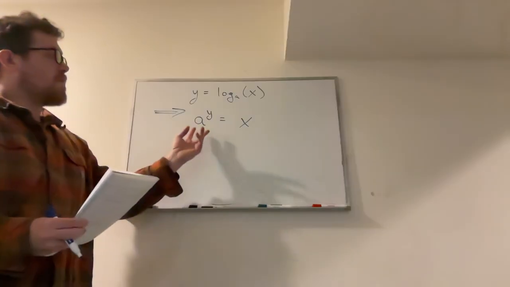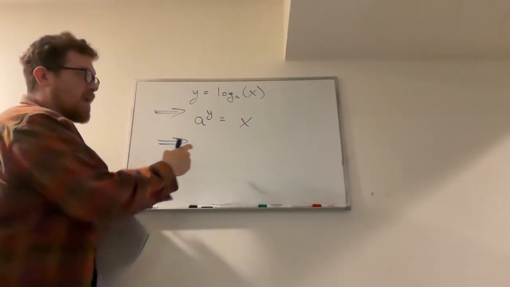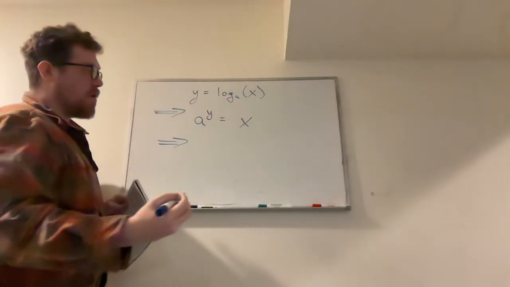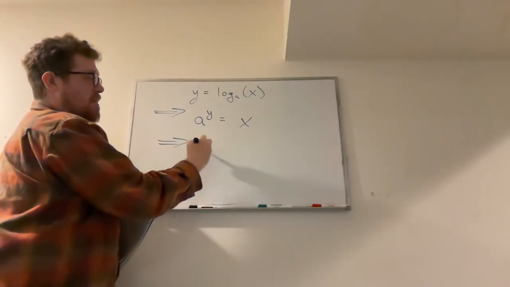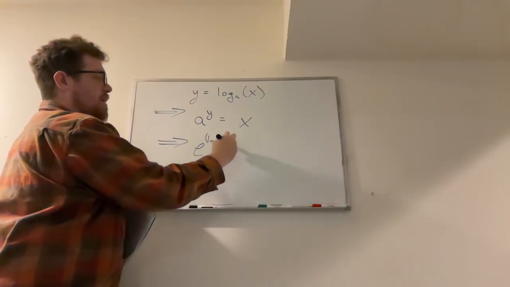Okay, and then we take the derivative of both sides. The book actually tells you what the derivative of a to the y is, but if you didn't know, the way you would figure it out is you can rewrite this as e to the log a times y.